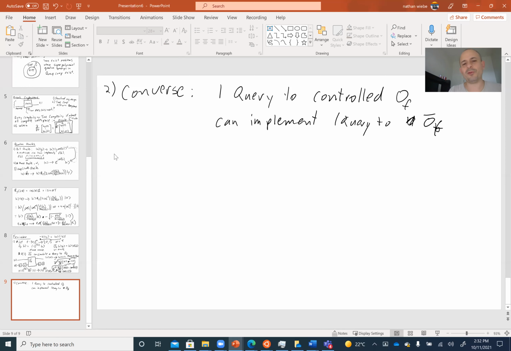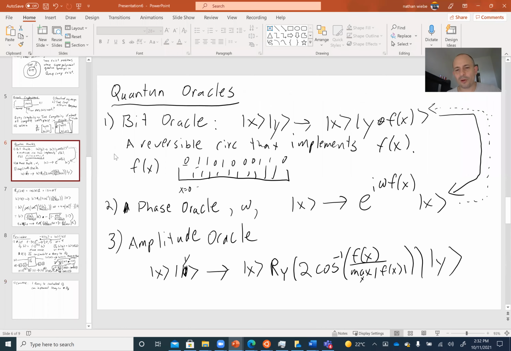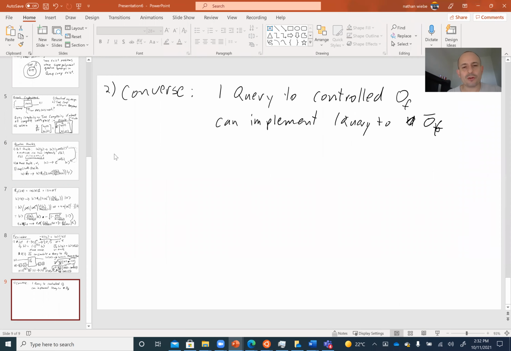So this is the bit oracle. So the phase oracles, as we alluded to before, phase oracles actually aren't quite as powerful as the bit oracle. But if we have a controlled version of the phase oracle, we can actually interconvert back.